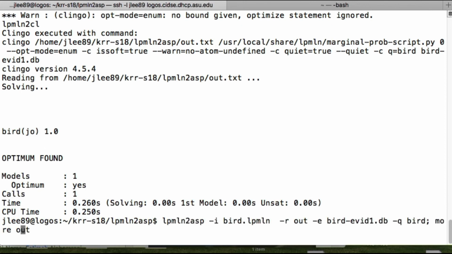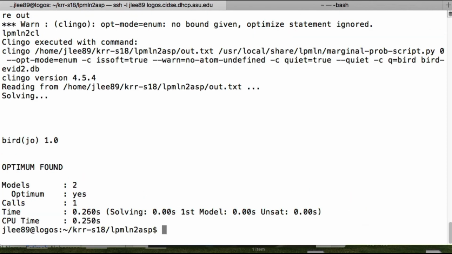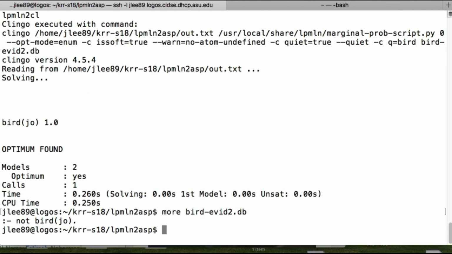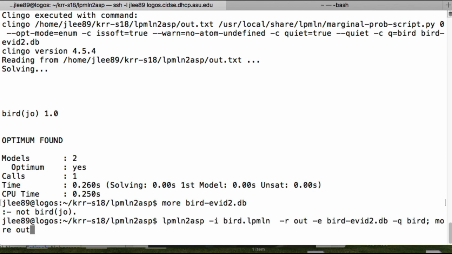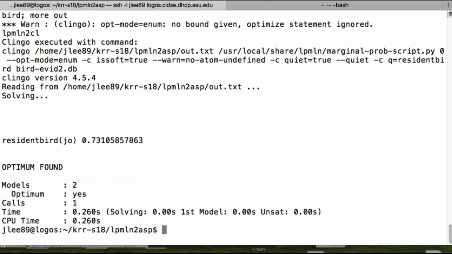Actually, let's use two. So this is the thing. Oh, we have to query resident. So knowing that Joe is a bird, what is the probability that it is a resident bird? So this is 73%. So what Skylar suggests is instead of doing that, let's call this.